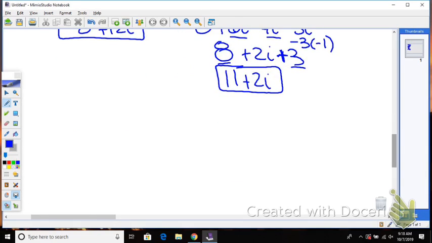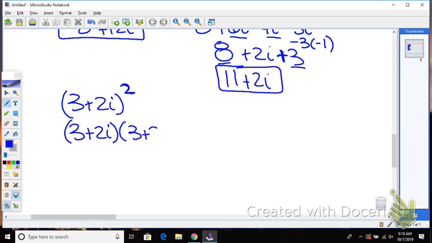What does it mean if I write it like this? 3 plus 2i quantity squared. What do I do with this squared? Just square everything? No. Distribute? No. The squared means I need to write this out two times. And then either FOIL or do the box method. So you guys do this one, and when I show my work, I'll do the box method.